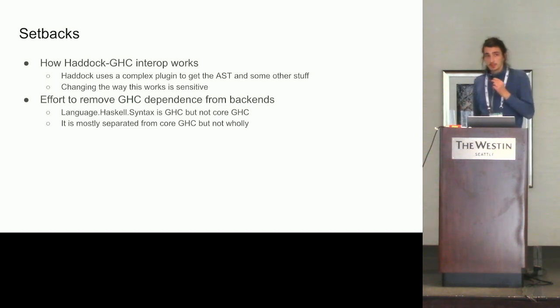However, this project is ongoing. If you were to actually use language.haskell.syntax, you'd find that there will be some dependencies that are still in core GHC. So unfortunately, as it is, fully moving away from GHC in the backends cannot be done yet.